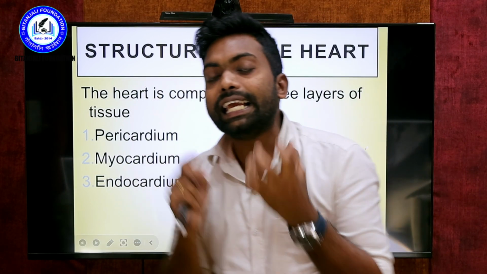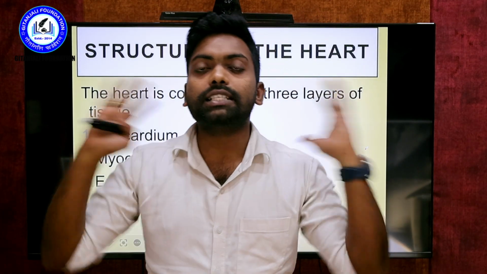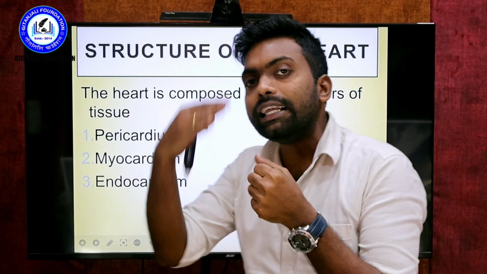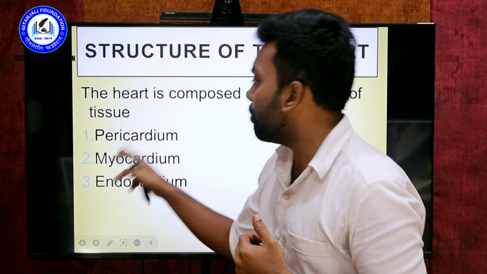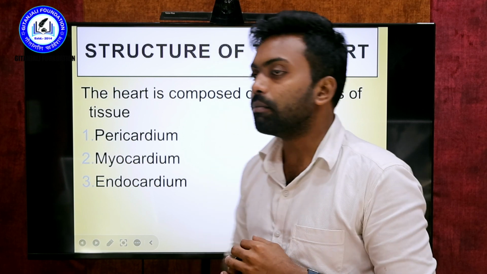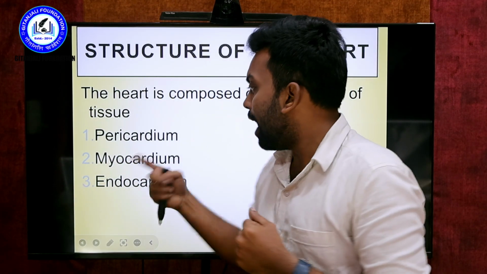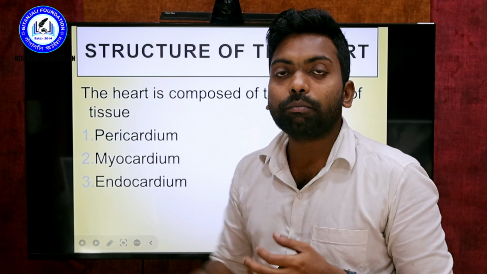So what are the layers of the heart? Till now we have discussed the associated organs, but now we need to know what layers are present in the heart. There is the pericardium, myocardium, and endocardium. Before that, the medical terminology: peri means outer, myo means middle, and endo means inside.